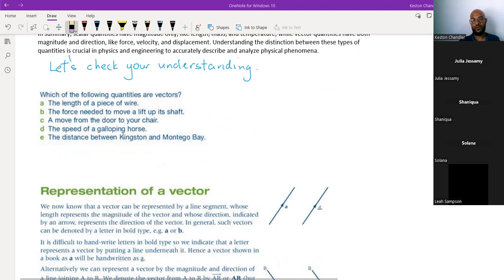Which of these are vector quantities? All you need to type in the chat is, if you think A is a vector quantity, and B is a vector quantity, and E is a vector quantity, just list the letter. Put that in the Zoom chat for me. Which of these are vector quantities based on what we just spoke about?